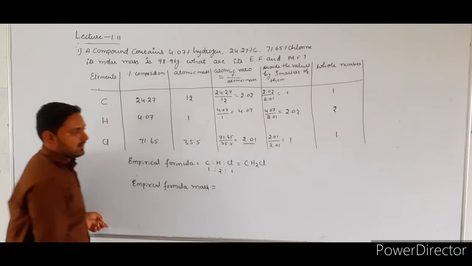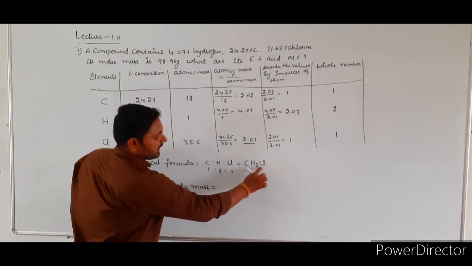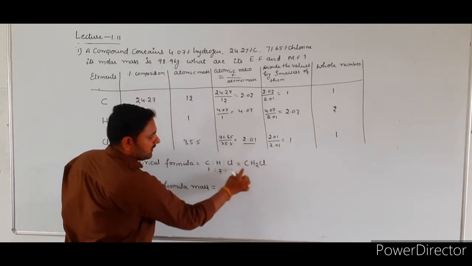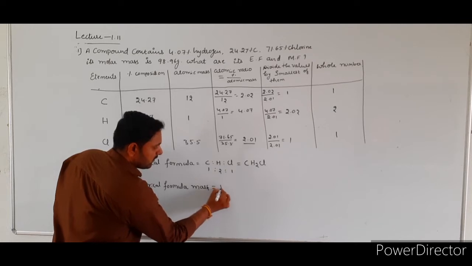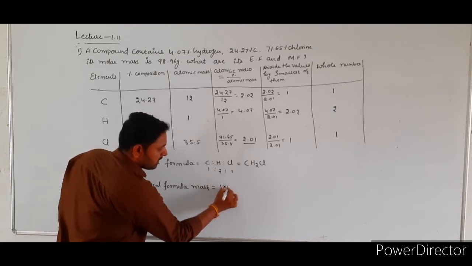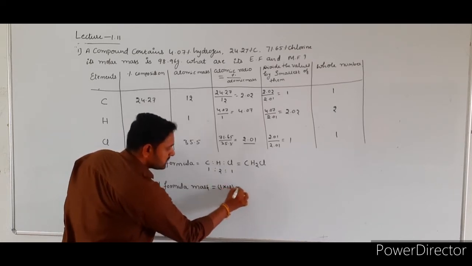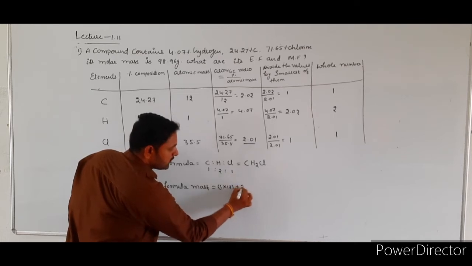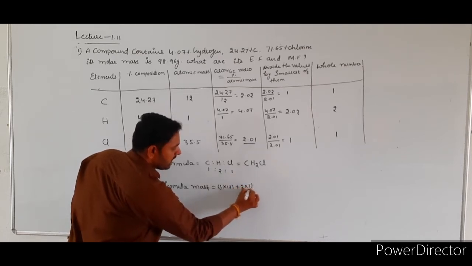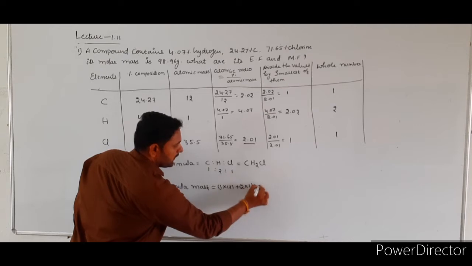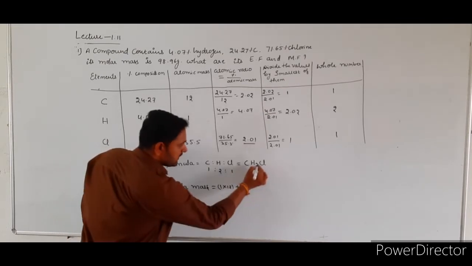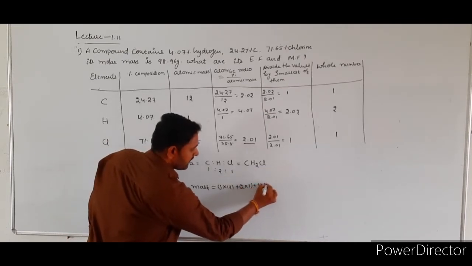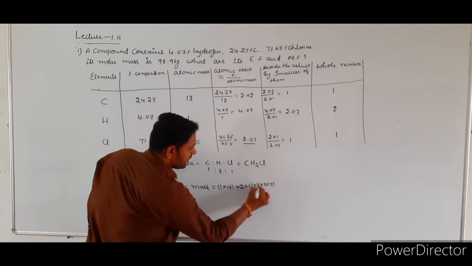By adding the atomic masses of all the elements in this formula. How many carbon atoms are there? 1. What is the atomic mass of carbon? 12. Plus, how many hydrogens are there? 2. What is the atomic mass? 1. Plus, how many chlorine atoms are there? 1. What is the atomic mass of chlorine? 35.5.